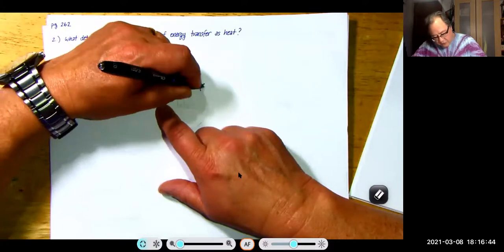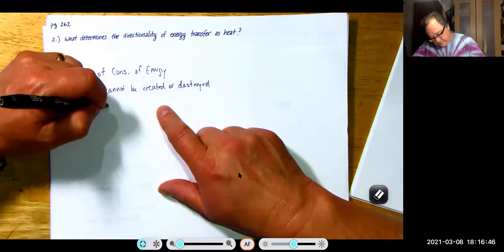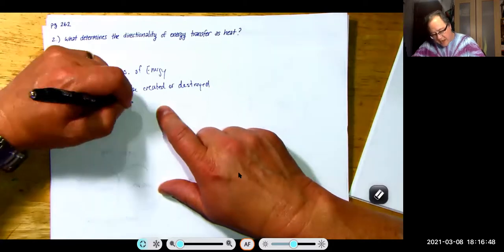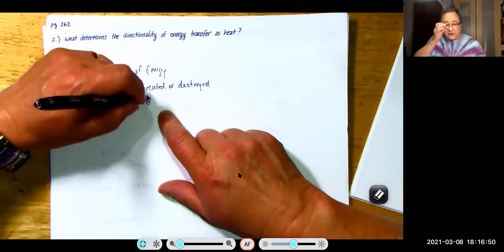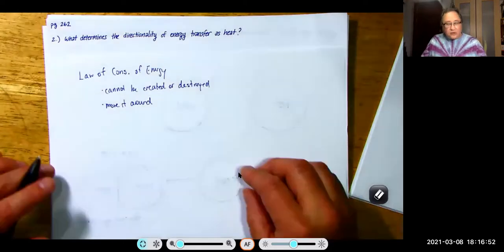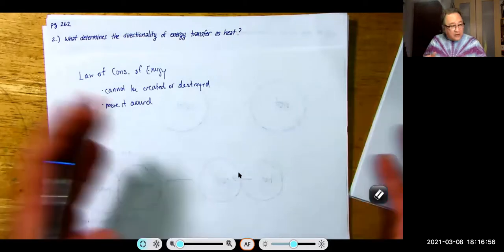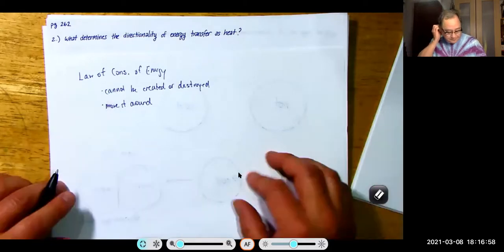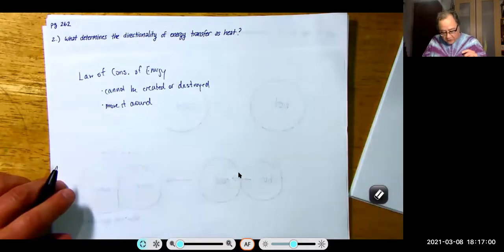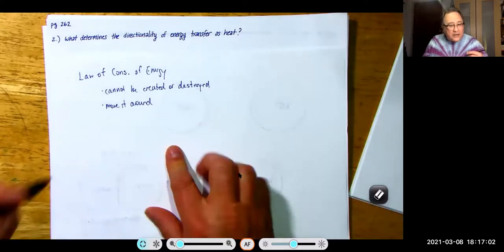What we can do is move it around. When you move it around, you're moving it between potential and kinetic energy, and also moving it as kinetic energy from one thing to another, or potential energy from one thing to another.